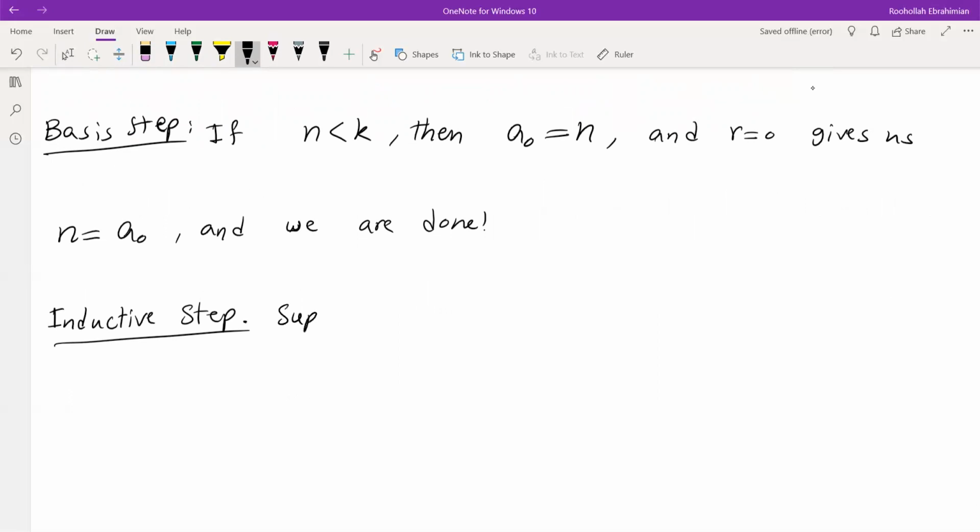So suppose, since I proved everything that is less than k, now suppose n is greater than or equal to k.